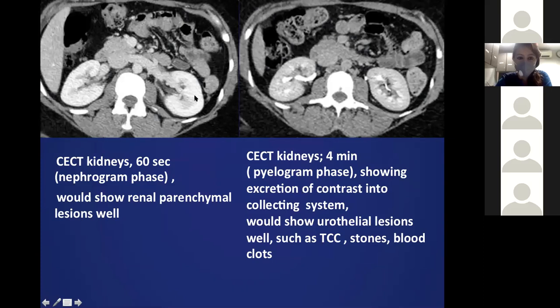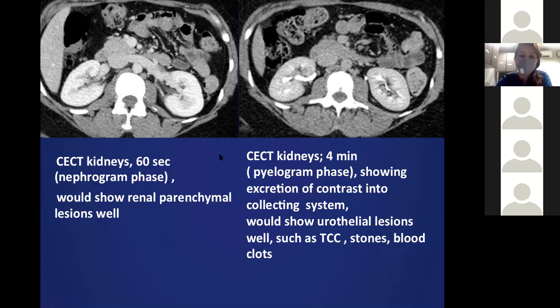This is the nephrogram phase, which enhances the renal parenchyma. And after a few minutes, we took the pyelogram phase. The contrast started excreting from the parenchyma into the pelvic calyceal system. Here you can see these are calyces, and this is the pelvis, and this small dot is the ureter. So the contrast started excreting into the pelvic calyceal system. So this is a pyelogram.